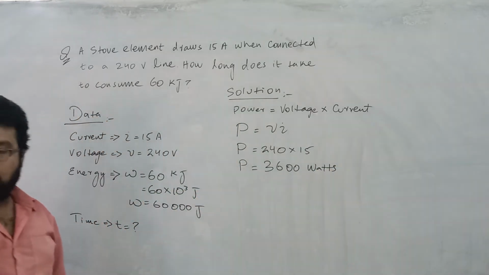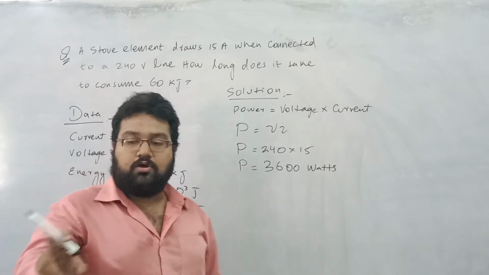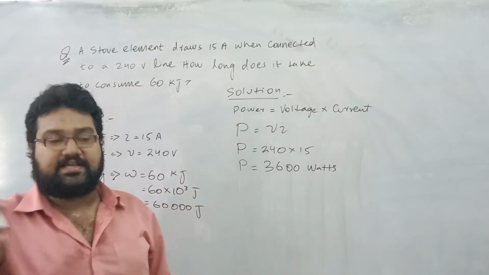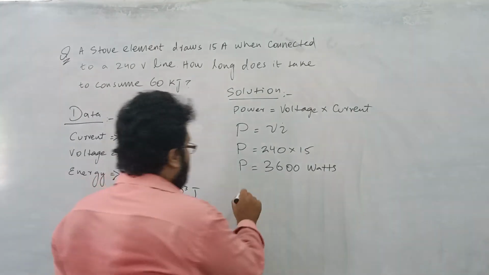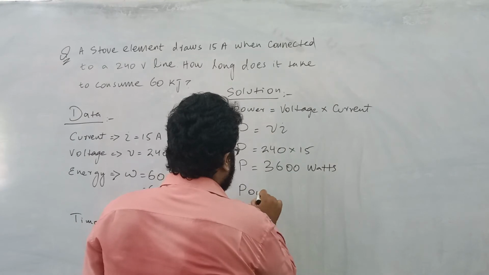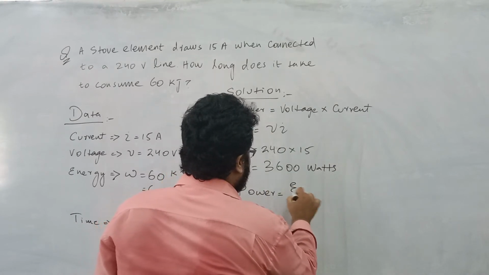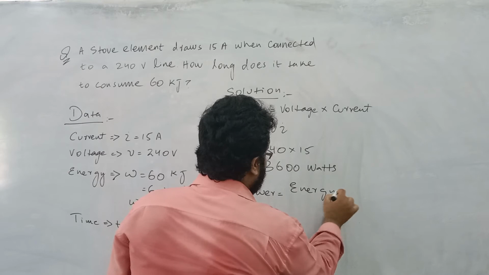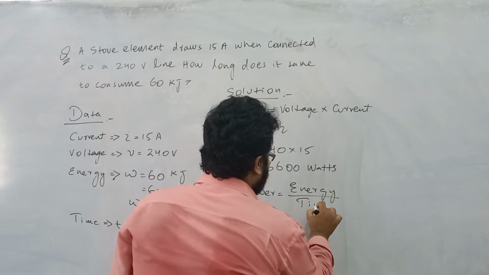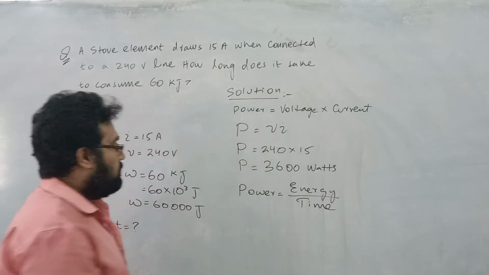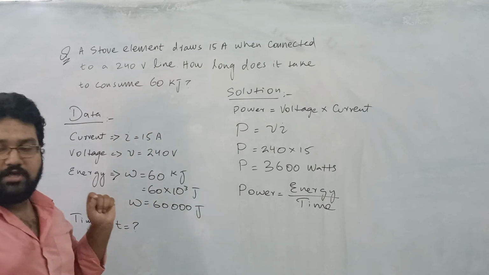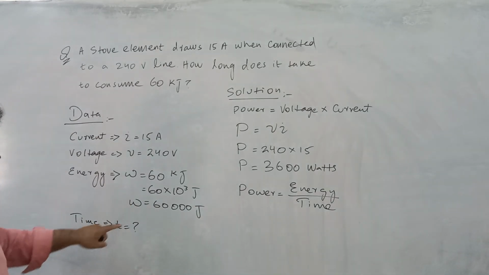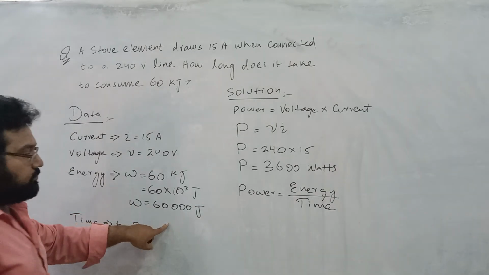Now, I will write another formula of power which is used in physics. Power is equal to energy upon time. What is the value of energy given in the question? 60,000 joules.